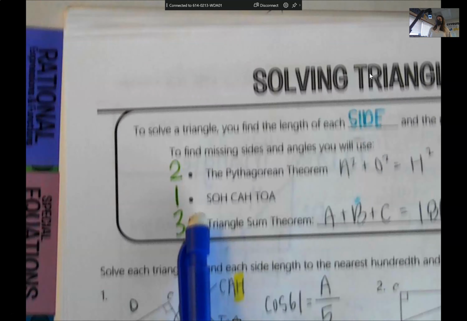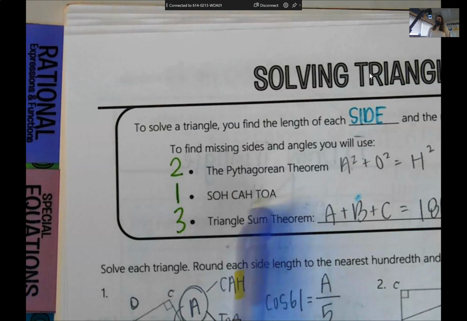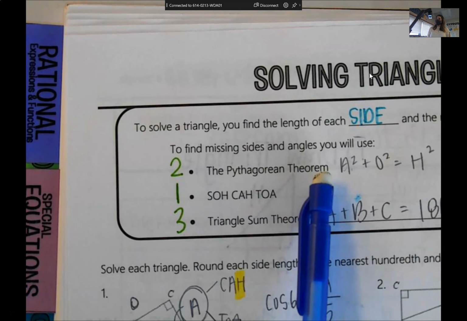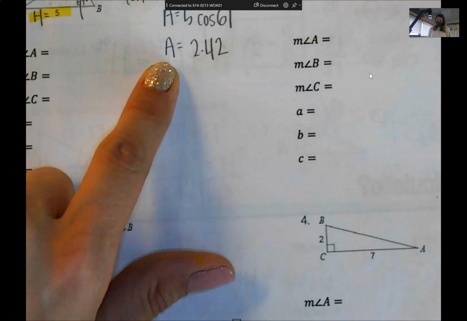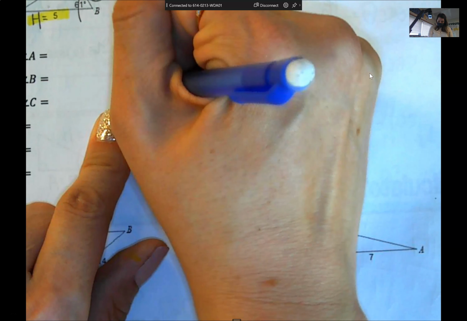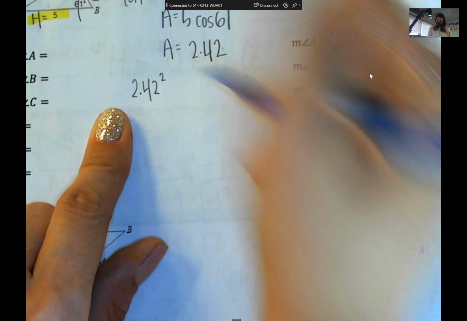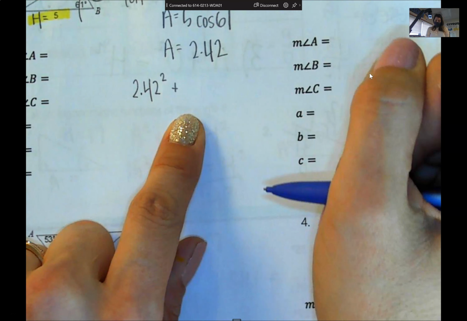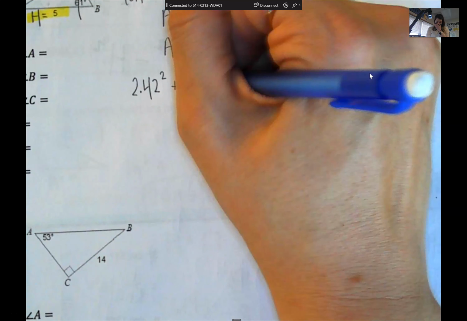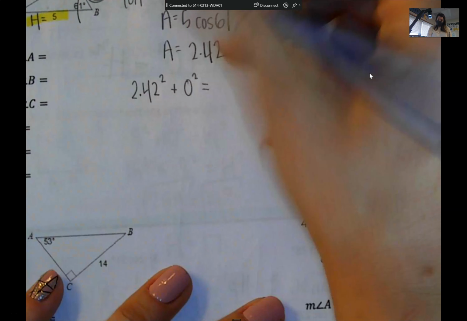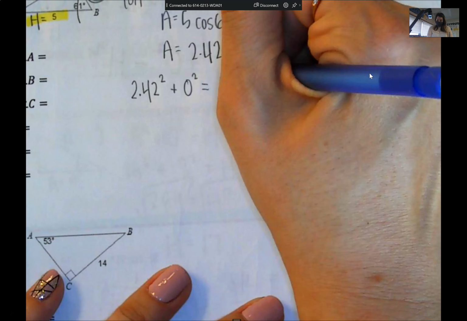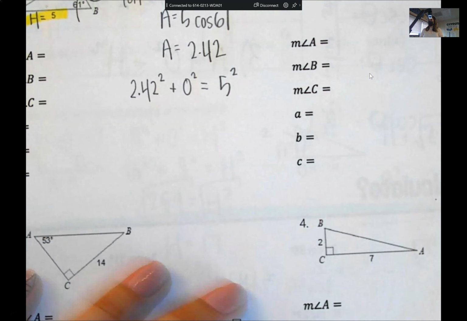Use SOHCAHTOA. We used cosine. 2. Use Pythag to find the third side. So we have adjacent 2.42 squared plus opposite, that's the one we're trying to find, equals hypotenuse squared, that's 5 squared.